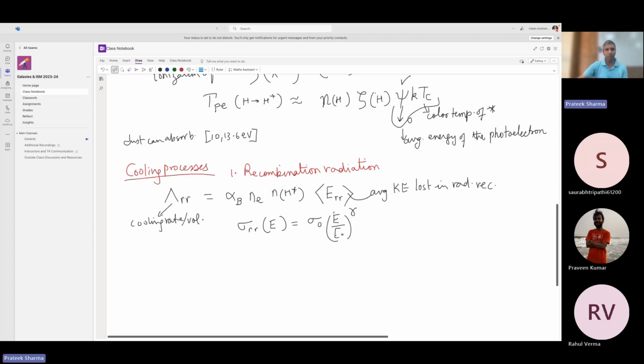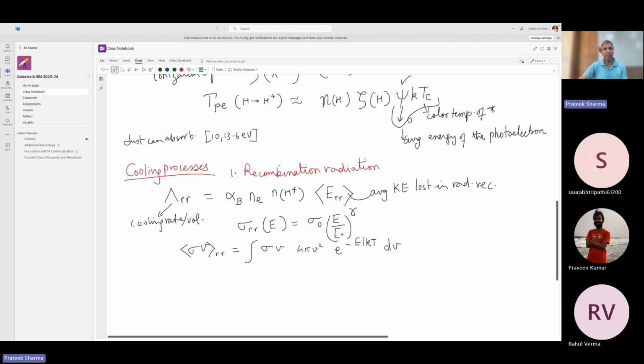So what you have to do is to calculate the rate coefficient, sigma V for radiative recombination: sigma V times the integral of 4 pi V squared e to the minus E by kT dV. We have encountered this some time ago. When you have collisional processes, you average over the Maxwell distribution over velocities.